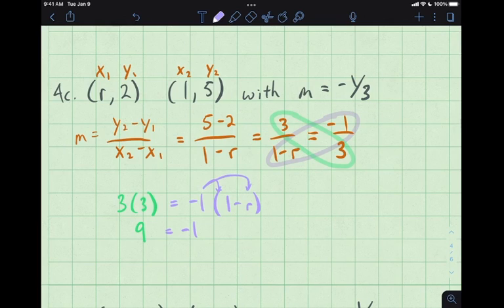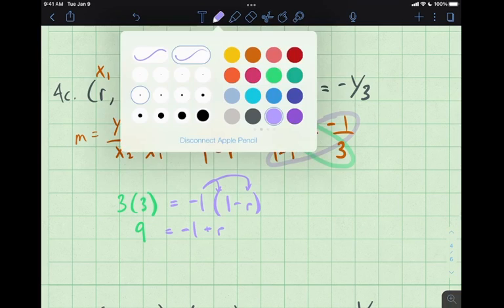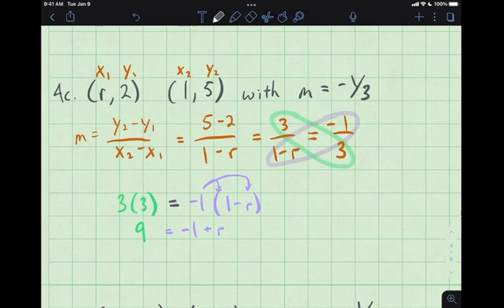I'm distributing this, okay? So negative 1 times 1 gives me negative 1. Negative 1 times negative r gives me plus r. Now we have to solve this equation. Okay. Add 1 to both sides. This makes 0. We have 10 equals r.